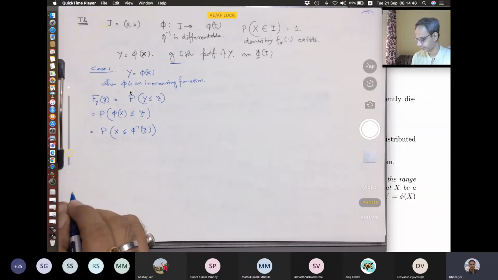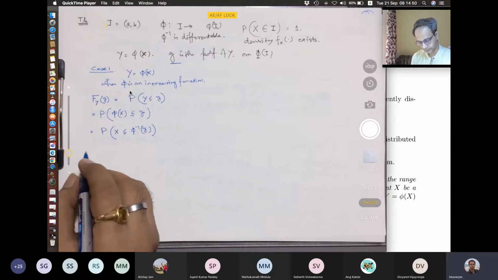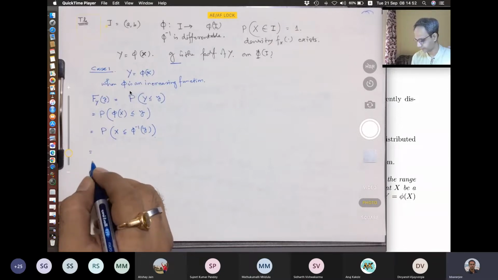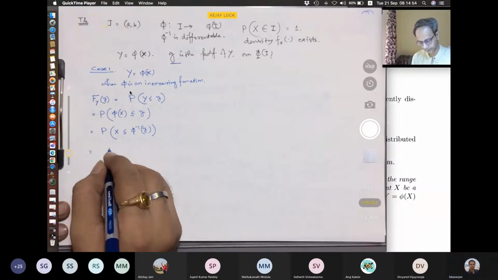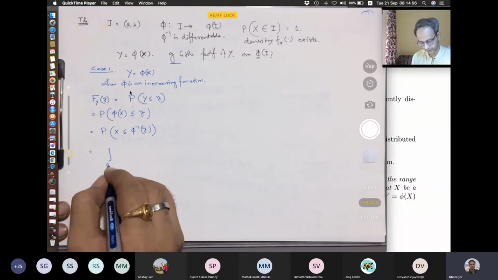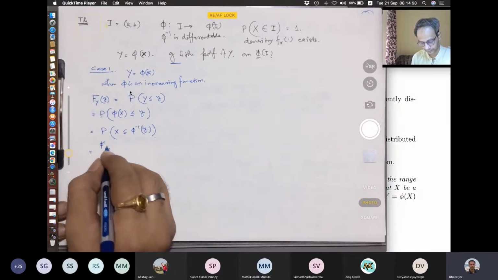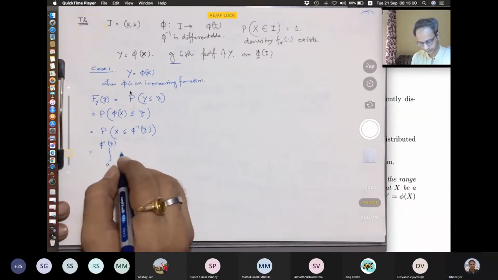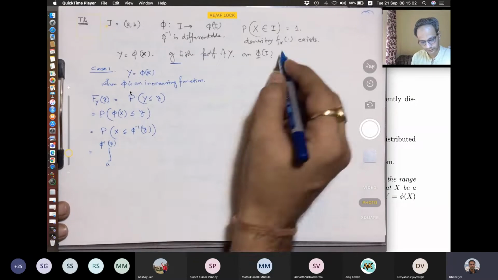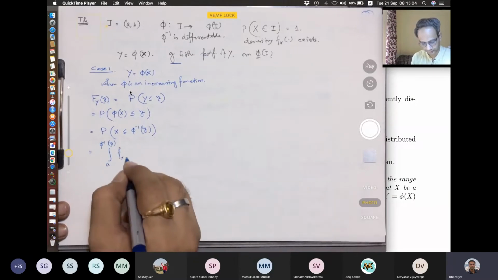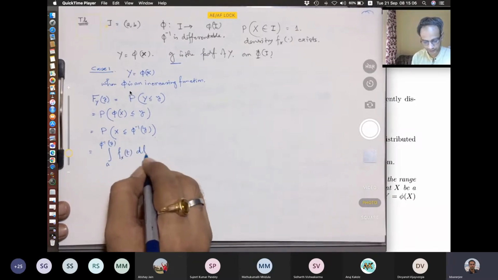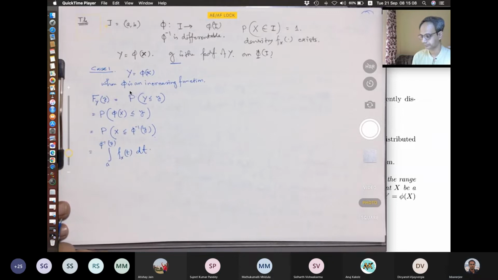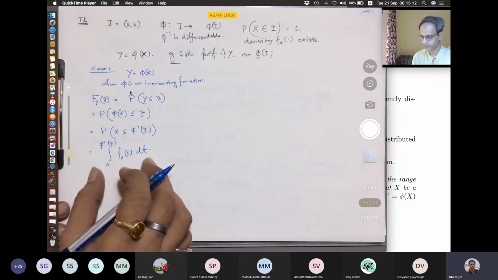Then you will have the integration from a to phi inverse of small y of f_X(t) dt. This is how you will get the CDF.